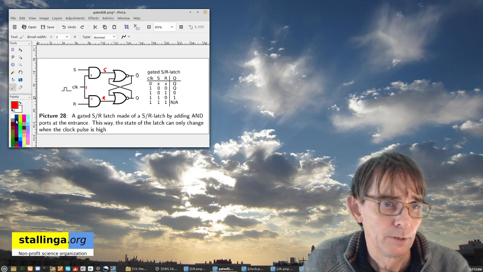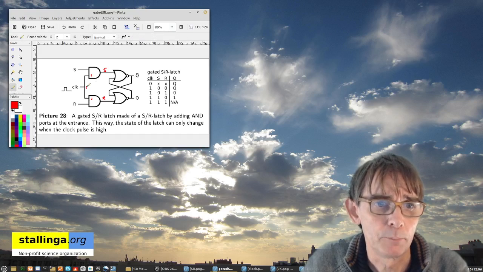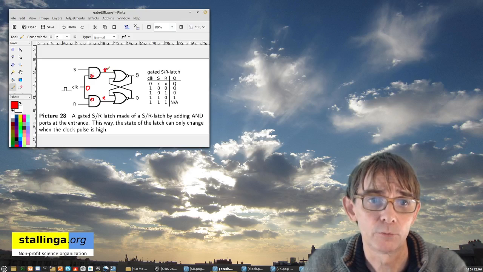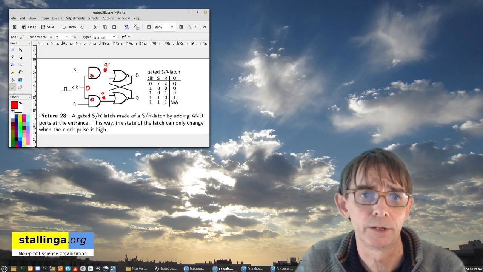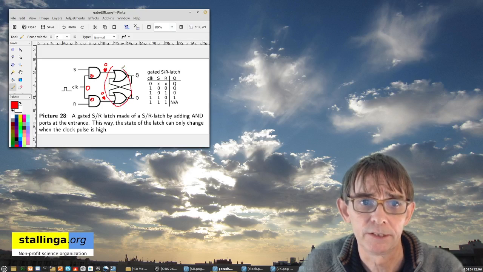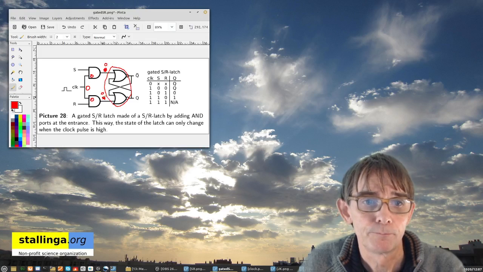But if I put here a 0, so if the clock is low, then I have a 0 at this end and a 0 at this end. And these will not be let through. These will both be 0, because with a 0, whatever the other input is doesn't matter. The output is 0. And we have in the stage of our set reset latch two zeros.